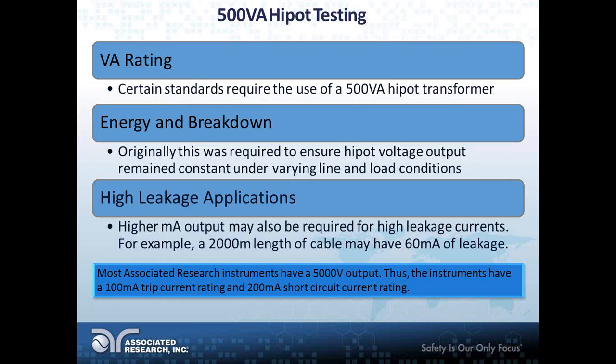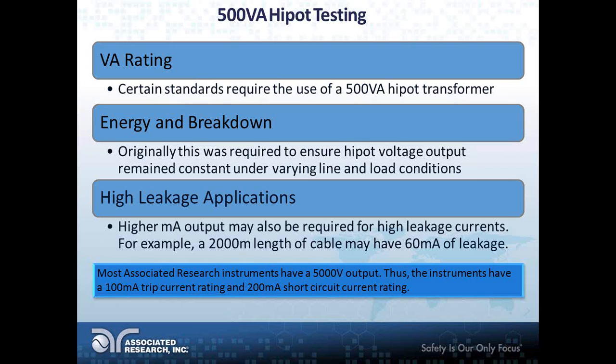However, it's usually the standards that call out if a 500 VA Hipot tester is required. Higher milliamp output may also be required for higher leakage currents. For example, you may be testing a product that's highly capacitive and may require a Hipot tester capable of measuring up to 60 milliamps of leakage.